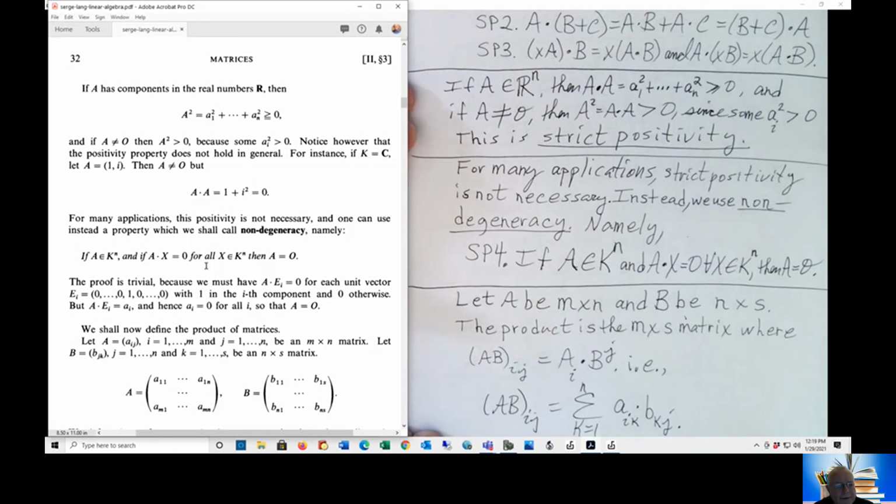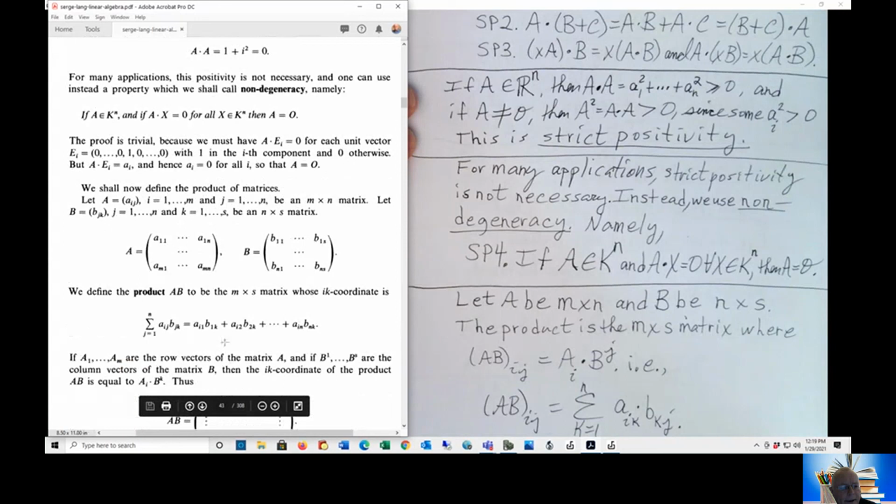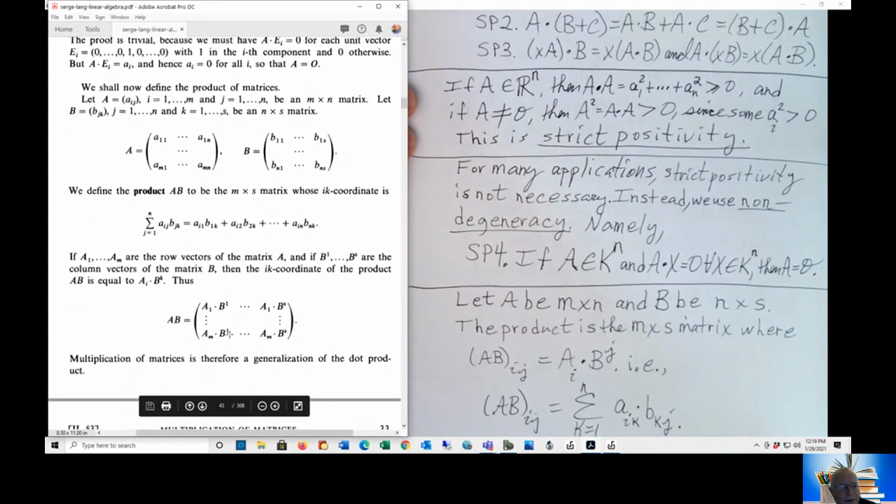Now, let's define matrix multiplication.